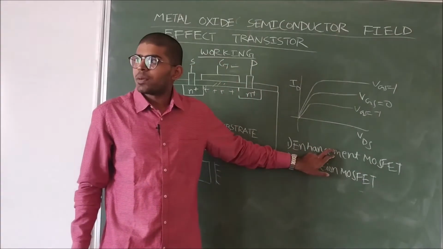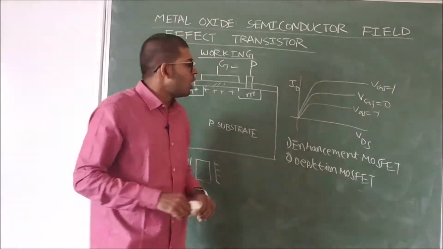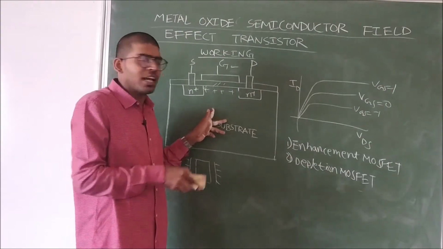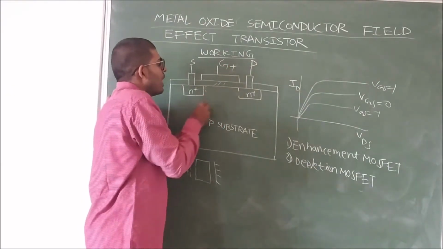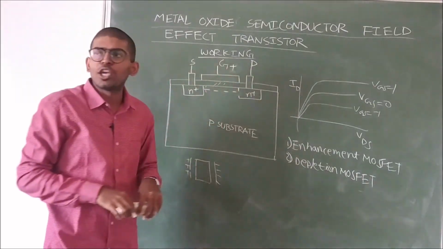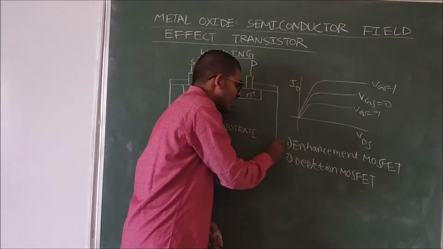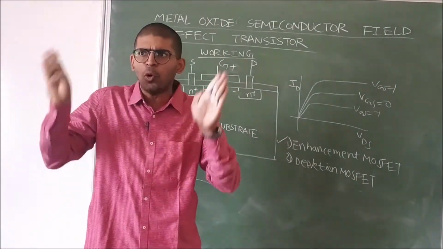The enhancement MOSFET only operates in the enhancement mode. Means in the N-channel enhancement MOSFET, if we give the positive supply to the gate, the negative voltage is induced. So this MOSFET is specially designed to work only in enhancement mode.